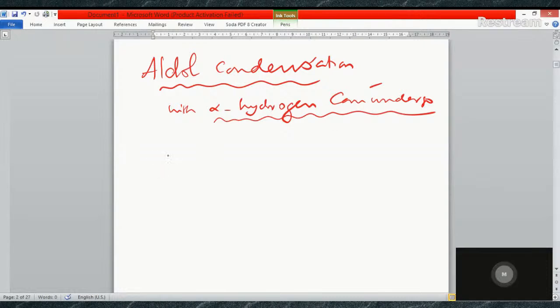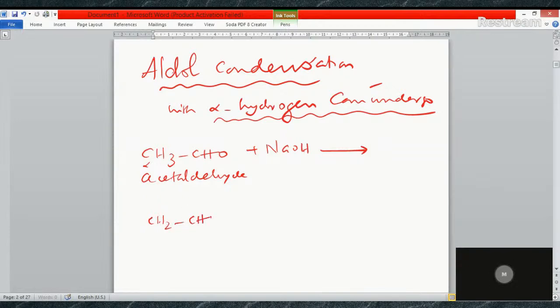So this is the substance, we can say, CH3CHO. The compound's name is acetaldehyde. It should be treated with sodium hydroxide in the first step. Conveniently, one of the alpha hydrogens is taken out of this.